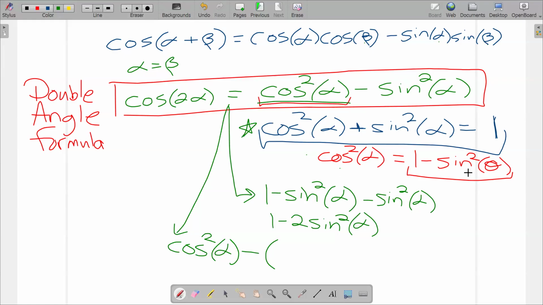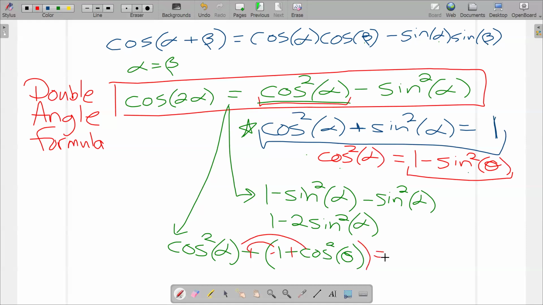So I can replace the sine squared, and I've got to use parentheses, with a 1 minus cosine squared. And then we're going to have to distribute that negative. So I'll have a minus 1 and a plus cosine squared. So that means I'm going to get 2 of the cosine squareds, then a minus 1.